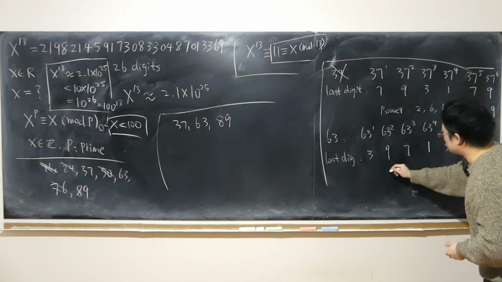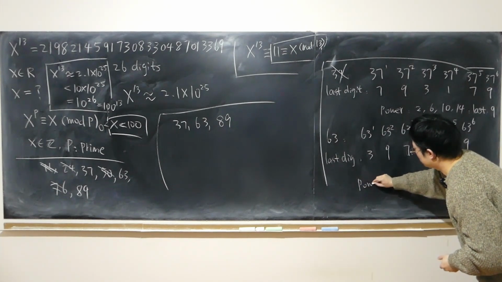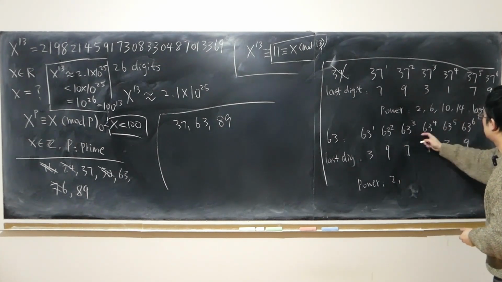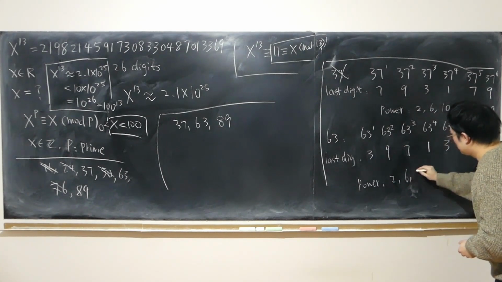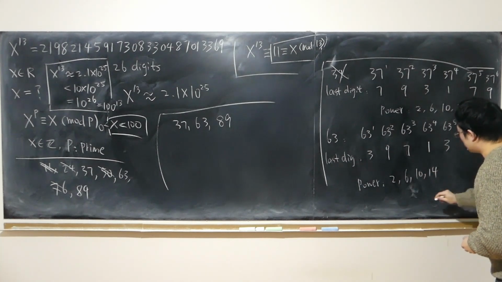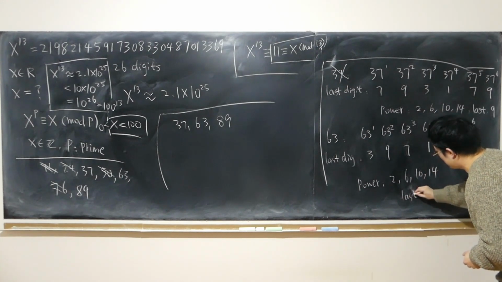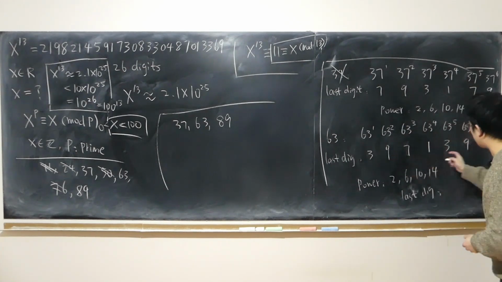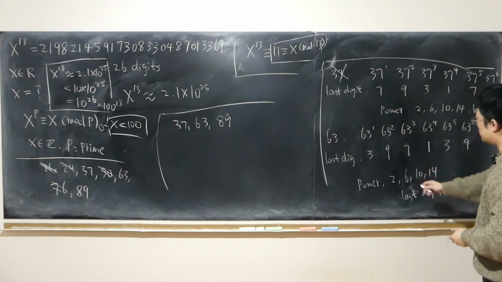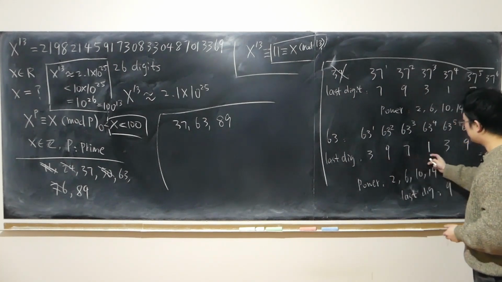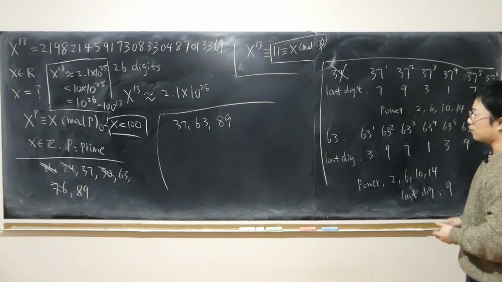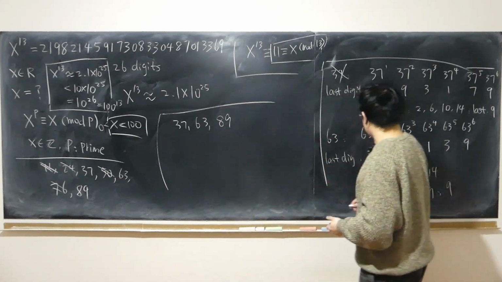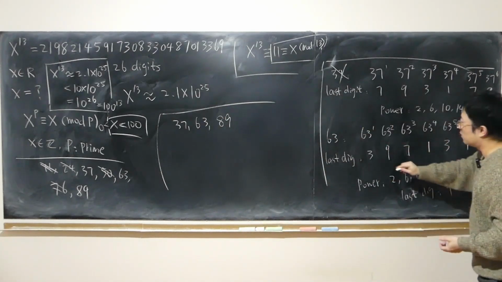Every time I raise to power of 2, 6, 10, 14, the last digit is 9. Otherwise, I don't have 9. Power of 13 cannot give me 9.